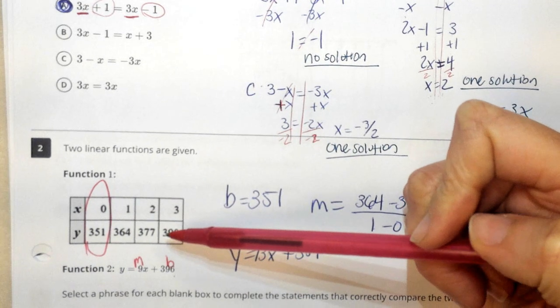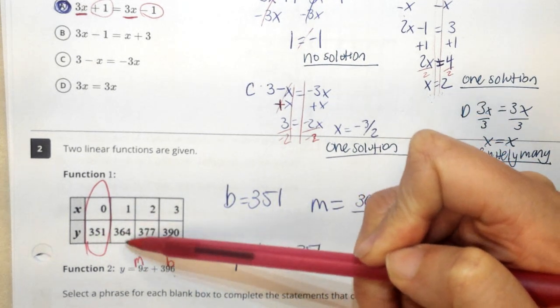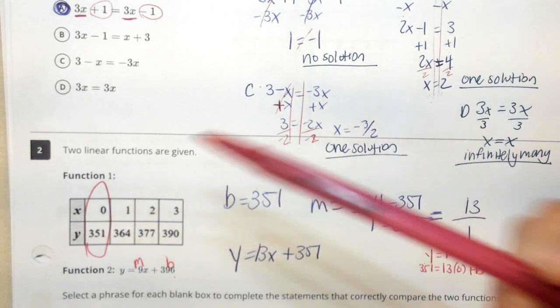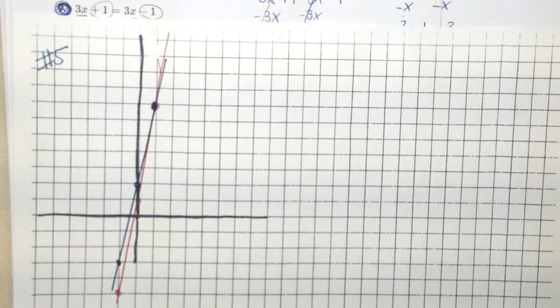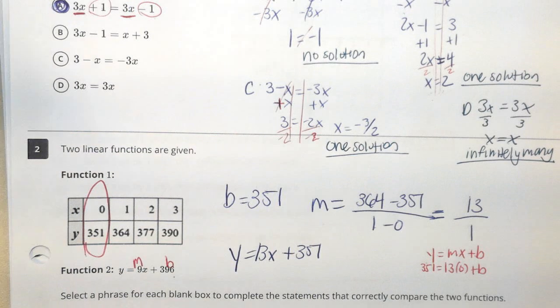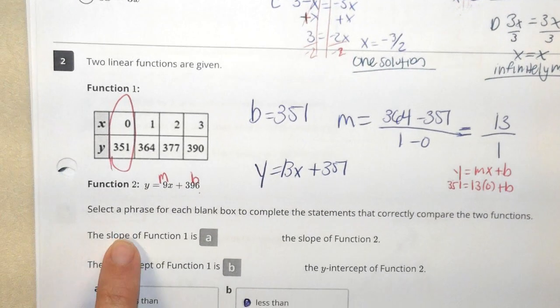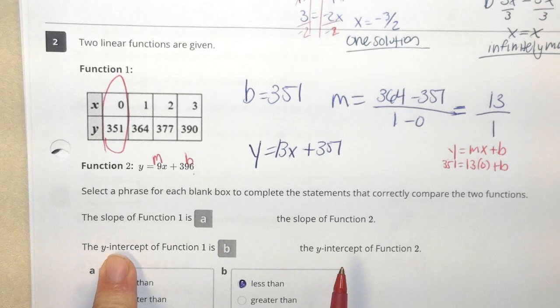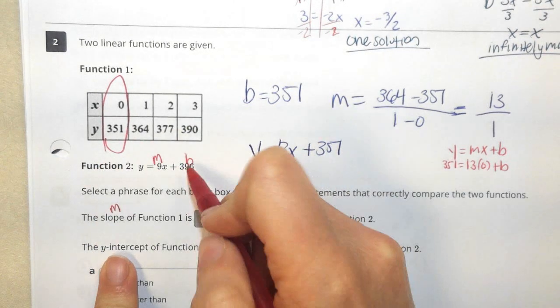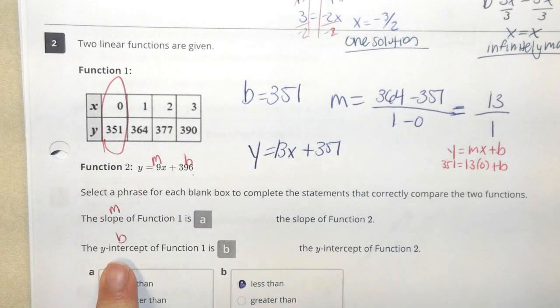This is not one I would graph because the numbers are so big. You can't really put 351 very well on this, okay? So in this case, we're talking about the slope and the y-intercept. Remember, slope is my m, y-intercept is my b.